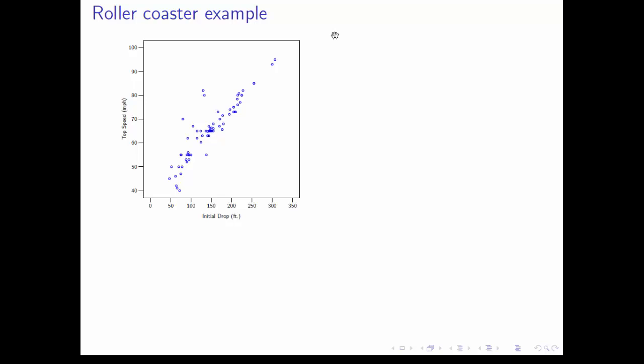What could I do with a regression in this case? Let's find the line of best fit, and we find that the predicted top speed is equal to 38.5 plus 0.183 times the drop in feet.